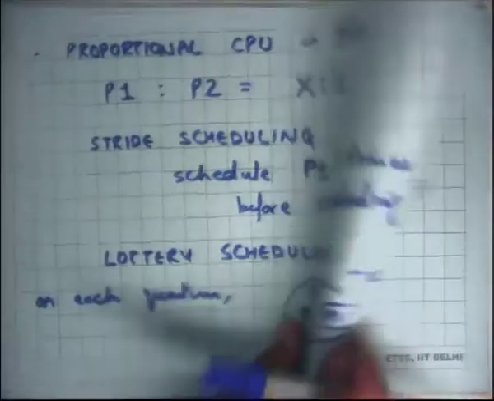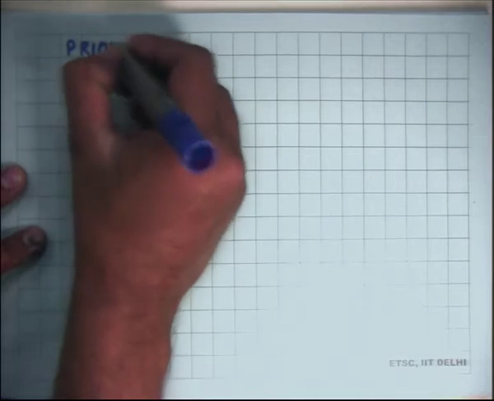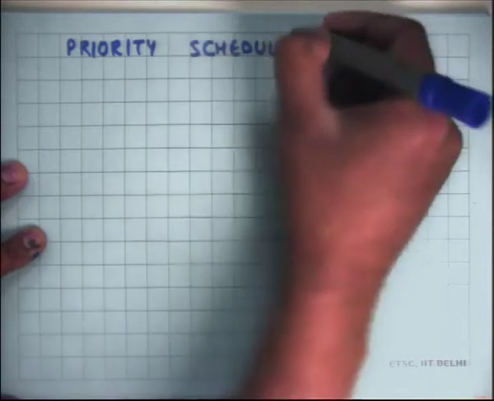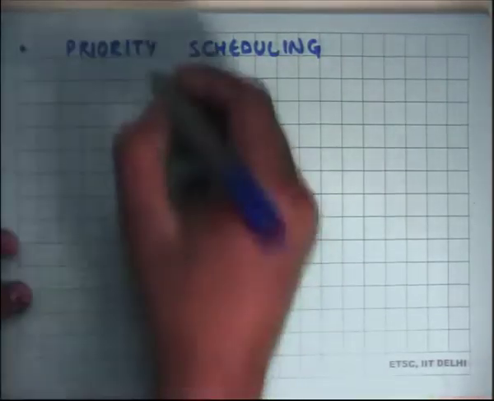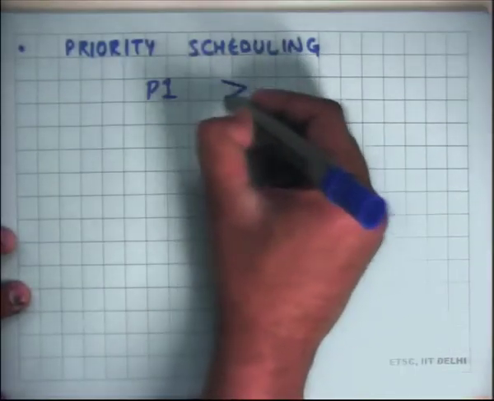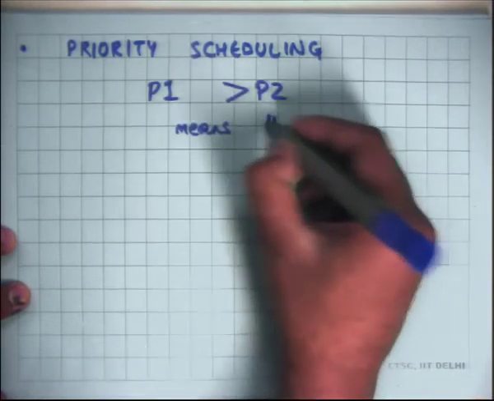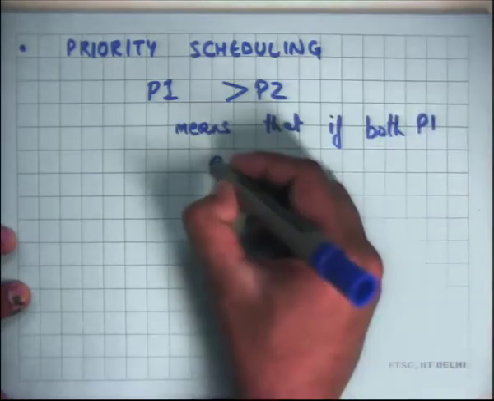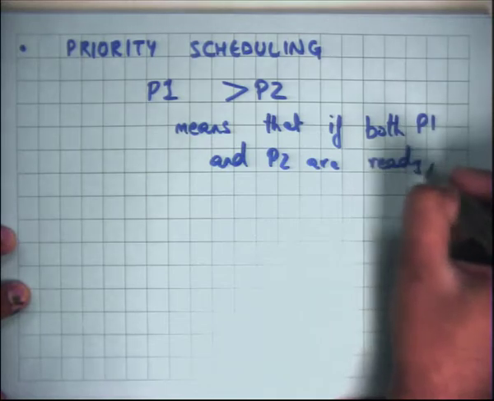Okay, but that doesn't solve our convoy effect, and so what we really need is some sort of priority scheduling. All right, where the idea is that P1 has higher priority than P2 means that if both P1 and P2 are ready, then P1 will win.